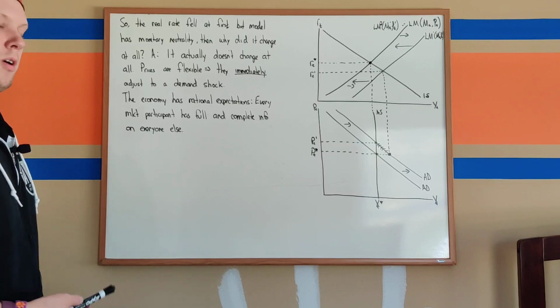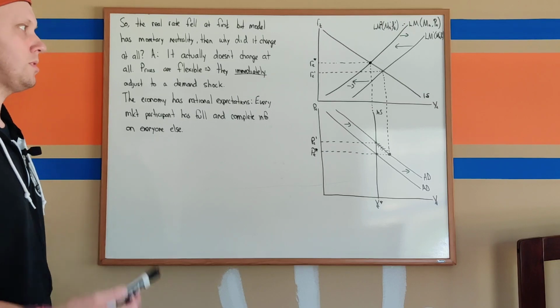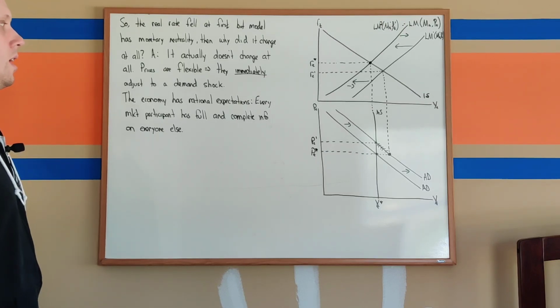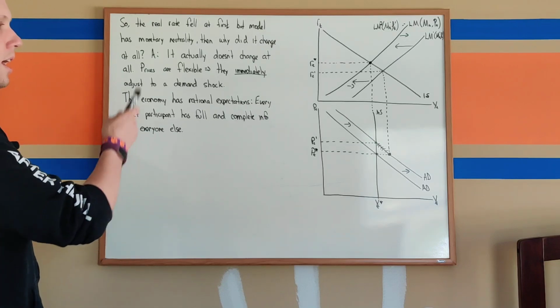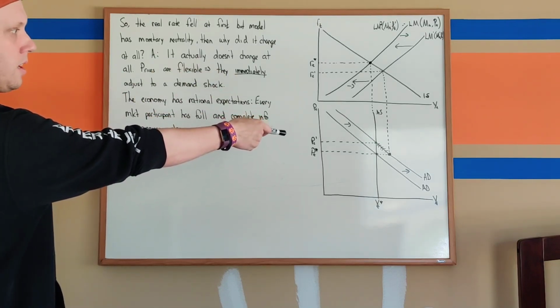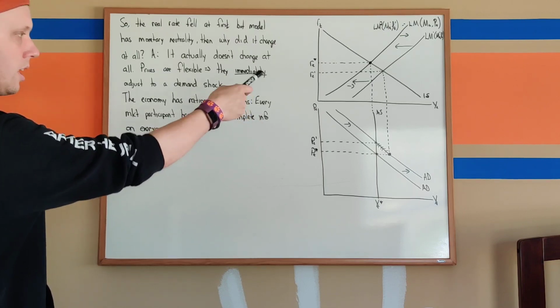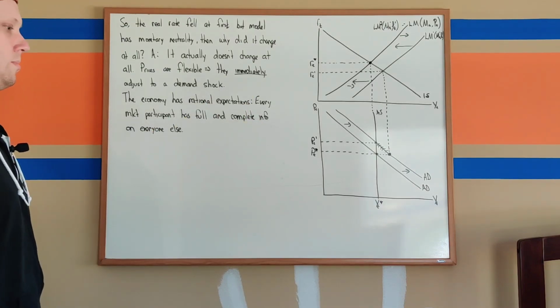But they're already prepared for it. Why? Because they know what the Fed wants to do. So if they know what the Fed wants to do, anything the Fed does, they're prepared for it already, and they render whatever policy shocks the Fed initiates completely moot and pointless.